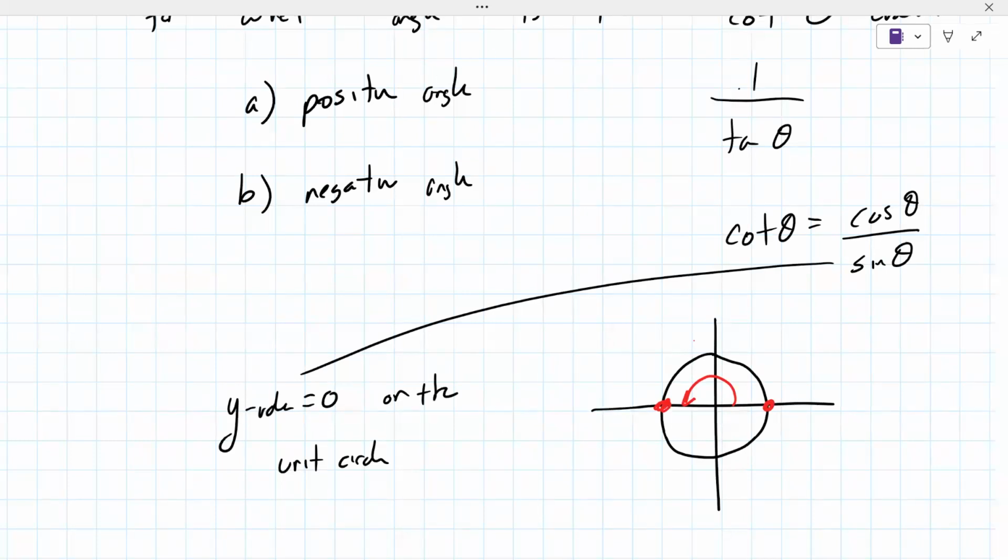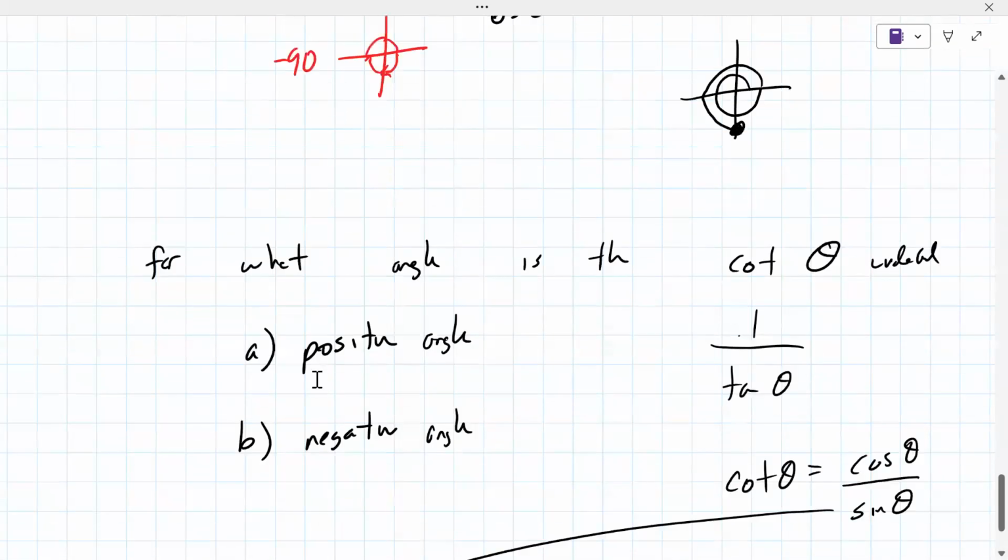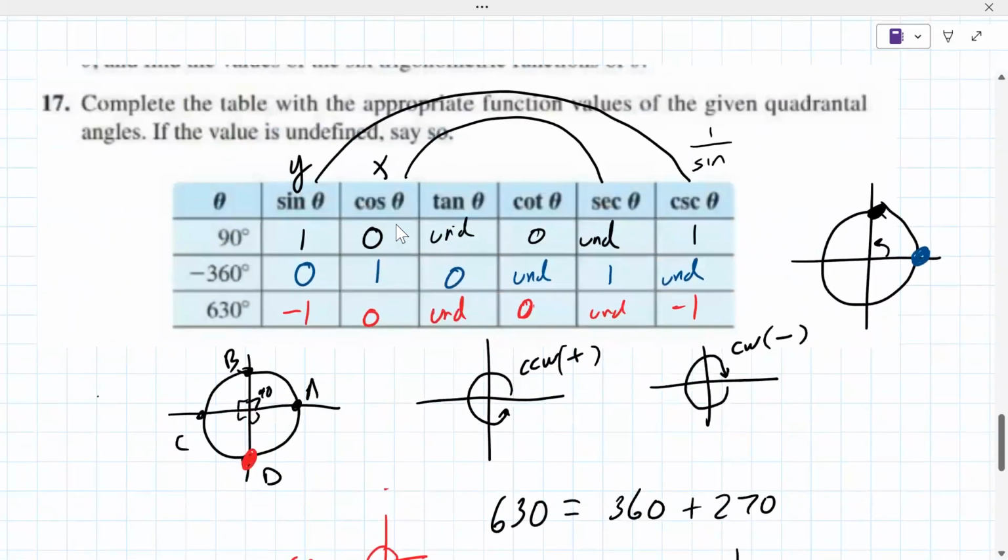I'm really struggling here because we just did a problem where we did the reverse of this, like sine of 90 is 1, sine of minus 360 is 0. Now I'm giving you the value in the table, and I'm asking you, where is cotangent undefined? I'm just looking for you to give me the angle.